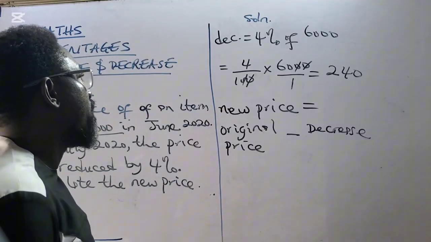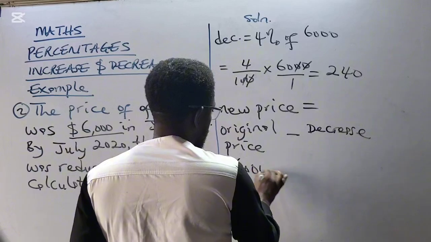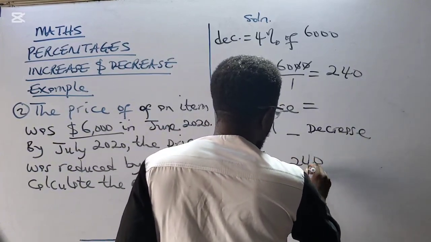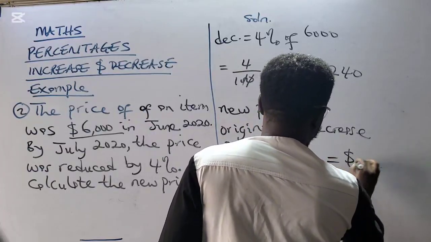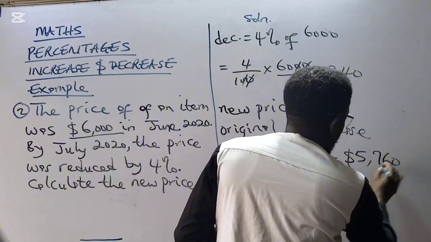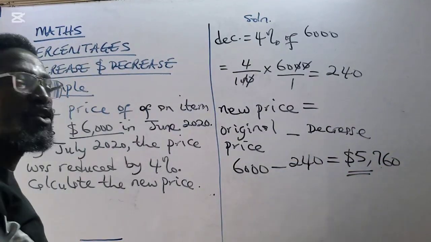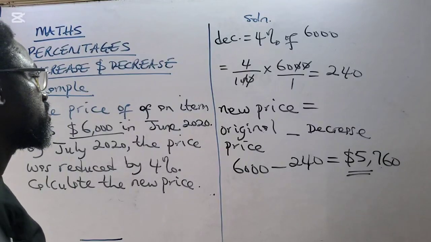The original price is 6,000, minus 240, and that will give us $5,760. That is the new price.